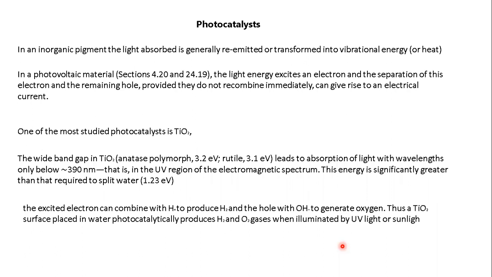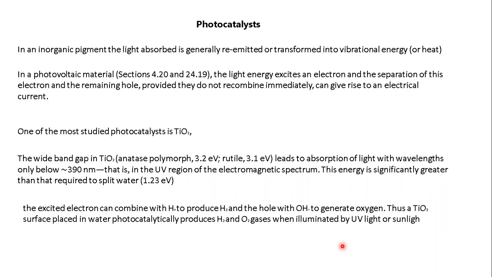Okay, but in photovoltaic material, what happens? The light energy excites an electron, and the electron separates from that particular material, creates a hole, and then the electrons don't recombine immediately, meaning it doesn't immediately go to its original ground state.